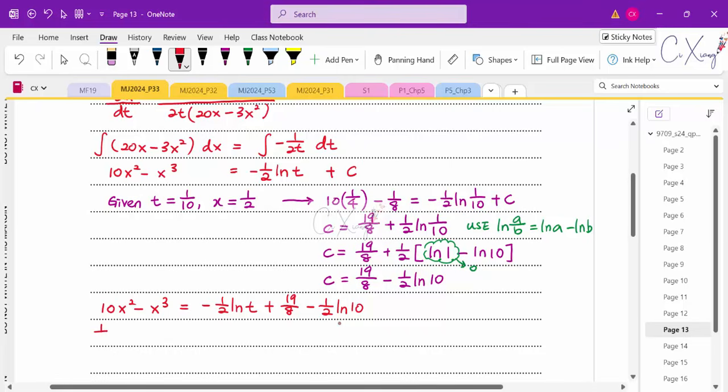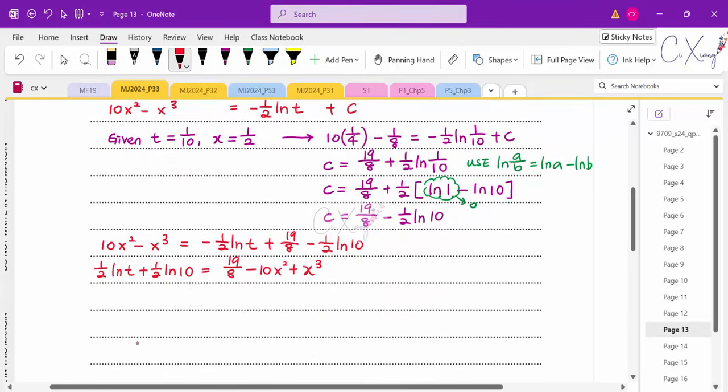I put them on the right, so I'm having positive ln t plus half ln 10. 19 over 8, I keep it on the right. All the terms here, I move to the right as well. So I'm having negative 10x squared plus positive x power 3. Okay, combine these two terms together, I'm having half ln t plus ln 10. Then the right hand side remains the same.